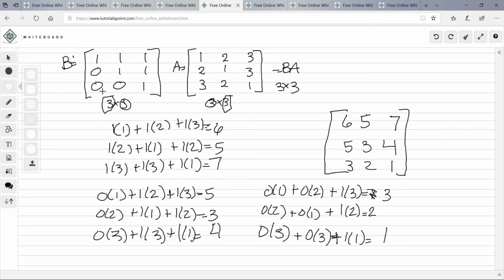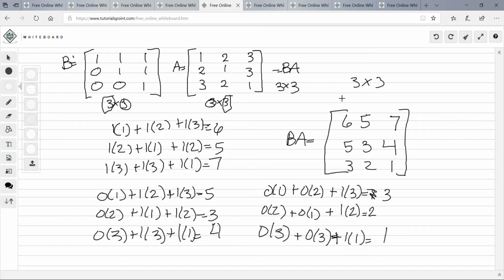And then I did 0 times 2 plus 0 times 1 plus 1 times 2, and I get 2. And then 0 times 3, 0 times 3, and then plus 1, that should give us 1. So BA is this one, 6, 5, 7, 5, 3, 4, and 3, 2, 1, and it's 3 by 3.